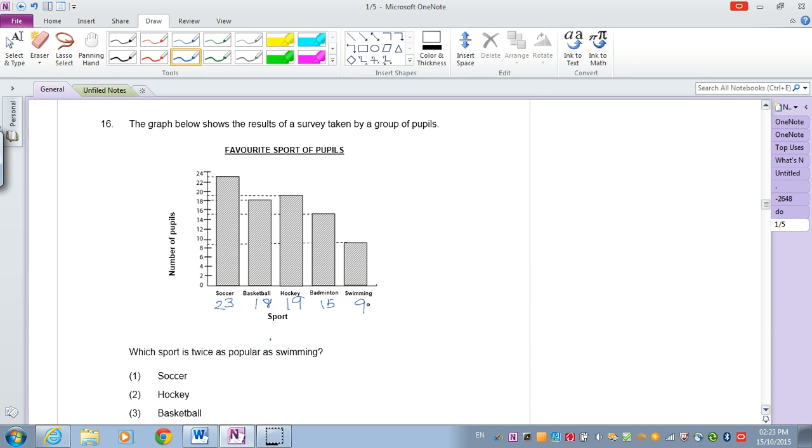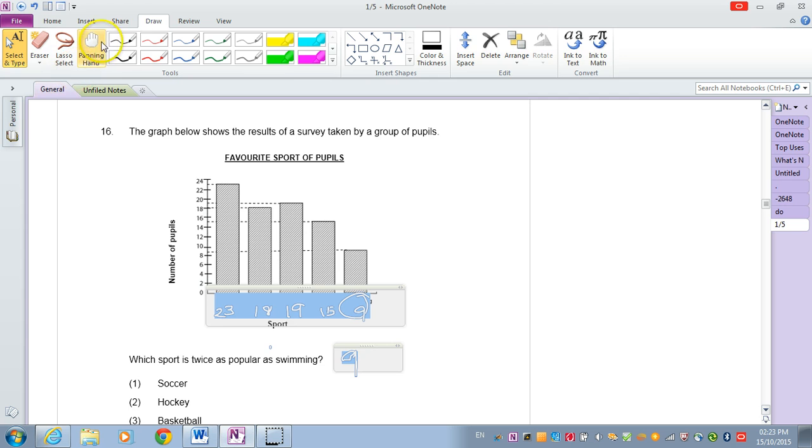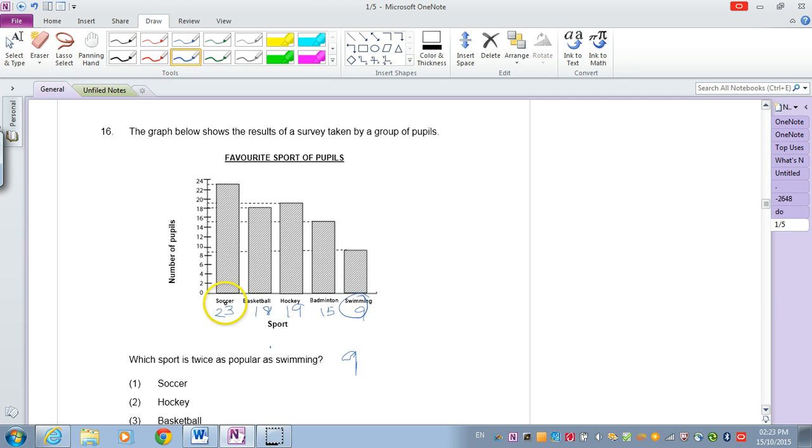So which sport is twice as popular as swimming? Let's look at swimming. Swimming is 9, so twice means that I have to multiply 9 by 2.